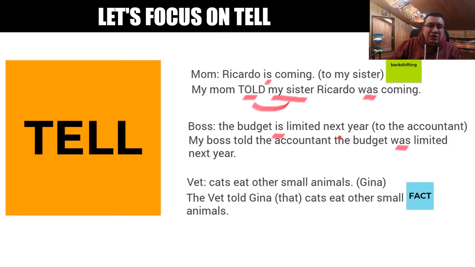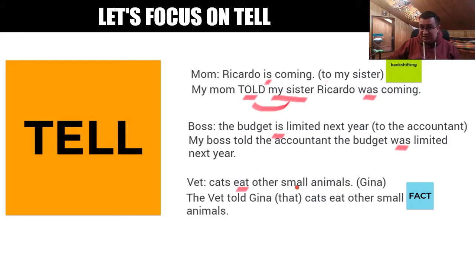And we go again to a veterinarian, but with a little change. Let's imagine that you have a friend called Gina, and Gina has got a cat. Gina is surprised because her cat attacked a hamster or whatever, and she's going to be all like, okay, my cat was eating a hamster. And the veterinarian is going to go all Captain Obvious, and he's going to say, well, cats eat other small animals.